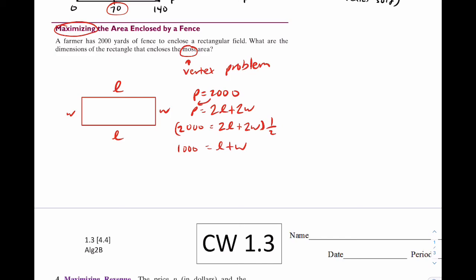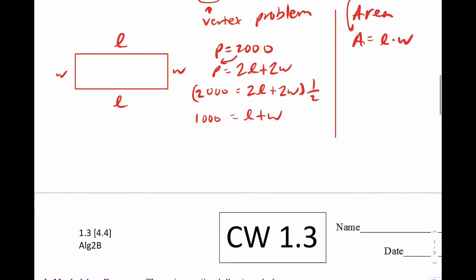And now it says, what are the dimensions of the rectangle that enclose the most area? So I draw a line here. Let's really think about area. To calculate area, isn't that just length times width? And we're trying to maximize that. And look right here, we found that 1,000 is L plus W. So let's just solve for one of those variables.